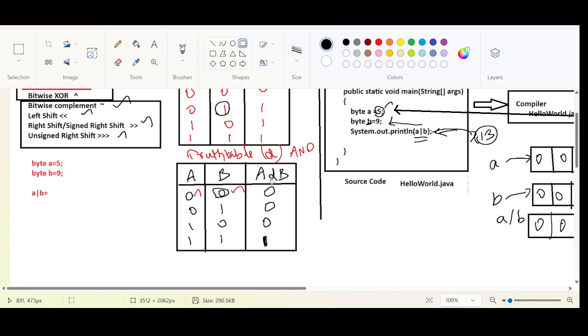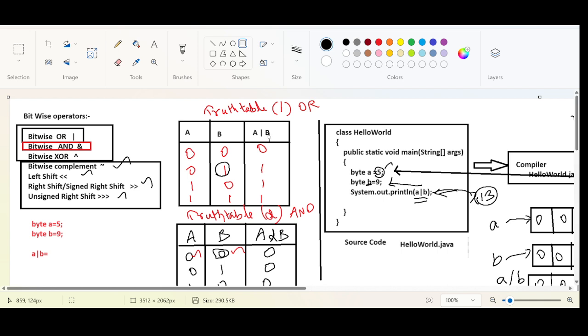If you do an AND operation between two inputs and both values are one, the output is one. If at least one value is zero, the output is zero.